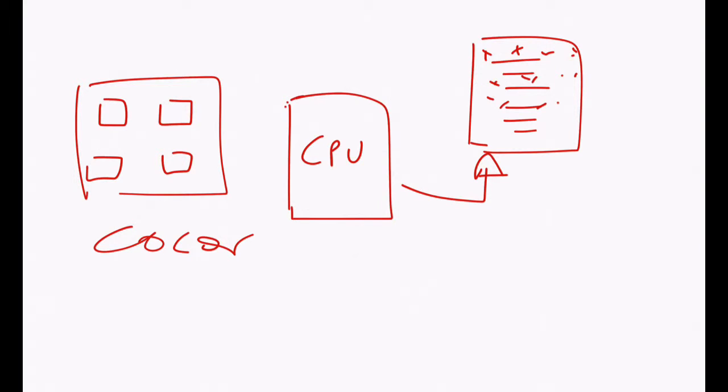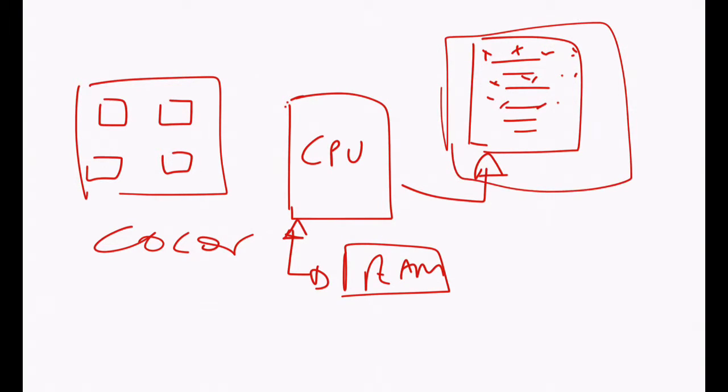And this is where it starts to get a little bit weird for a CPU, because a CPU doesn't come with that much built-in memory. It has to rely on RAM. But then to talk to that RAM, it needs to go back and forth all the time. So you can imagine this kind of slows down this display, or doesn't allow you to display as much as you want, as fast as you want.